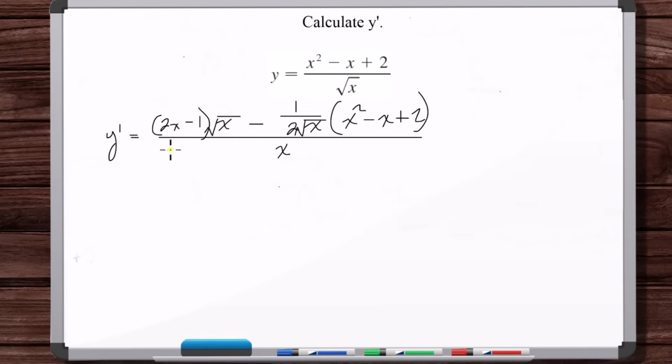Okay, so let's combine everything in the numerator here. 2 times x to the first times x to the 1/2. That's 2x to the 3/2 minus x to the 1/2. Okay, now minus 1/2, so x squared over x to the 1/2.